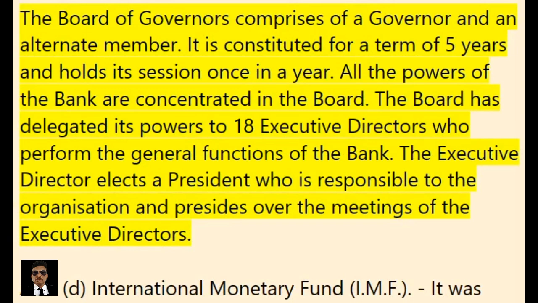All the powers of the bank are concentrated in the board. The board has delegated its powers to 18 executive directors who perform the general functions of the bank. The executive directors elect a president who is responsible to the organization and presides over the meetings of the executive directors.